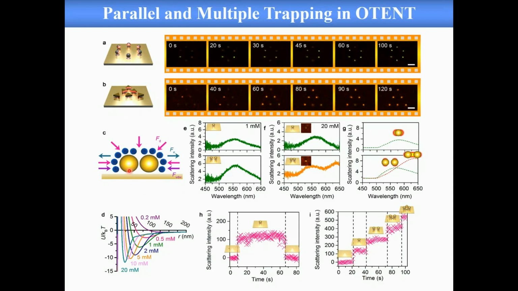Optically, when you bring these 2 particles together, you will see a very interesting optical signature change from 1 peak to 2 peaks because of the coupling. So now we can more precisely control the distance between the particles by simply controlling the concentration of the micelles. Basically, what we create here is a dimer, or we can create many atoms and form artificial matter which has a tunable bond length.